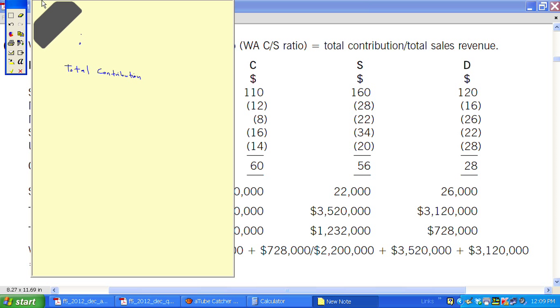So total contribution. We had C, S, and D. The unit contributions, if you remember, were 60, 56, and 28.